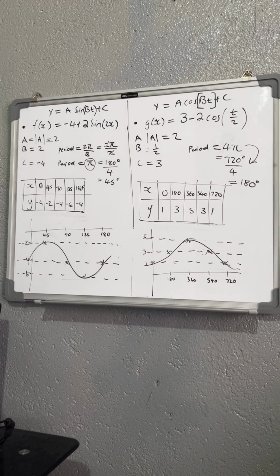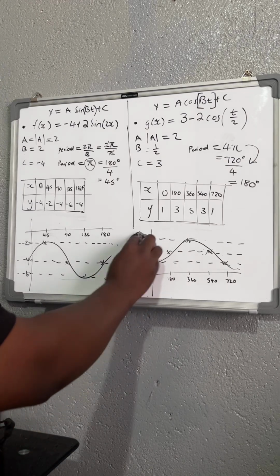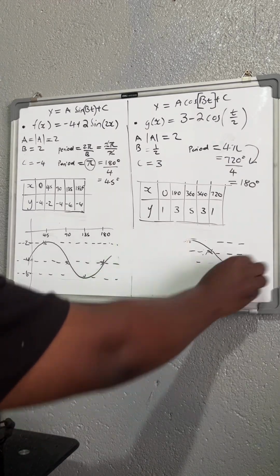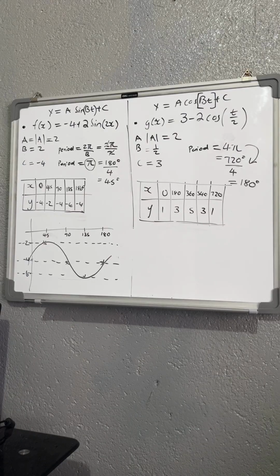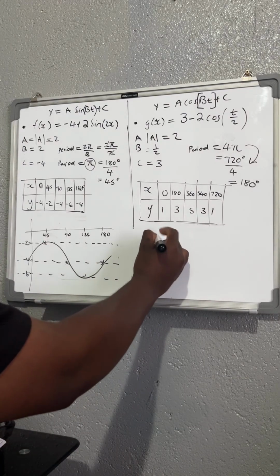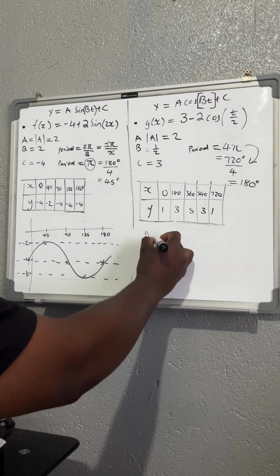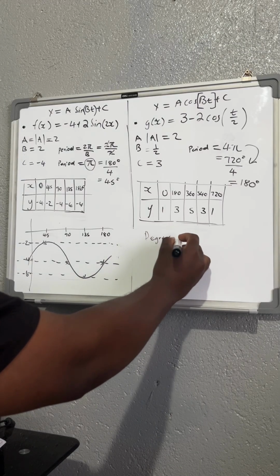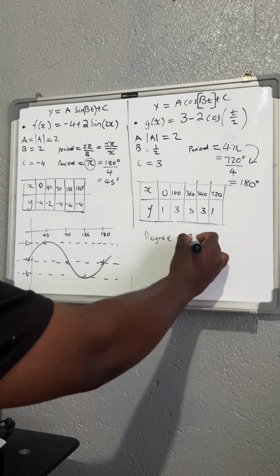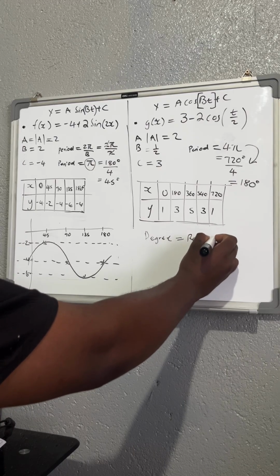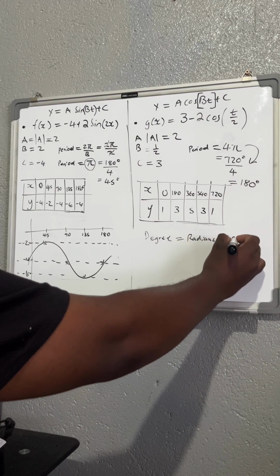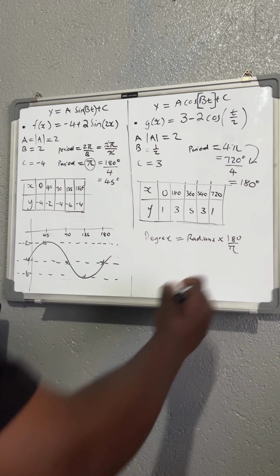Where can I actually write it? I'm looking for space, but let me just rather erase this one graph since we've drawn it, just to explain this thing that I want to explain. I said the degree is equal to your radians times 180 over pi.